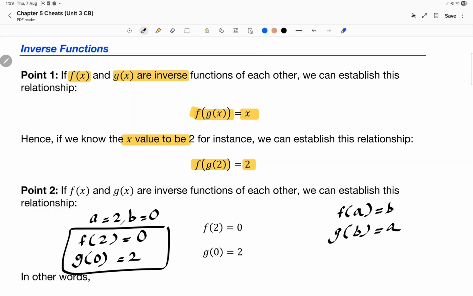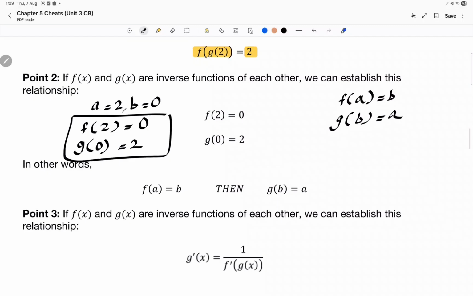That's why they're called inverse, because they are inverse to each other. So the x of one of them is the y of the other one. The y of one of them is the x of the other one.